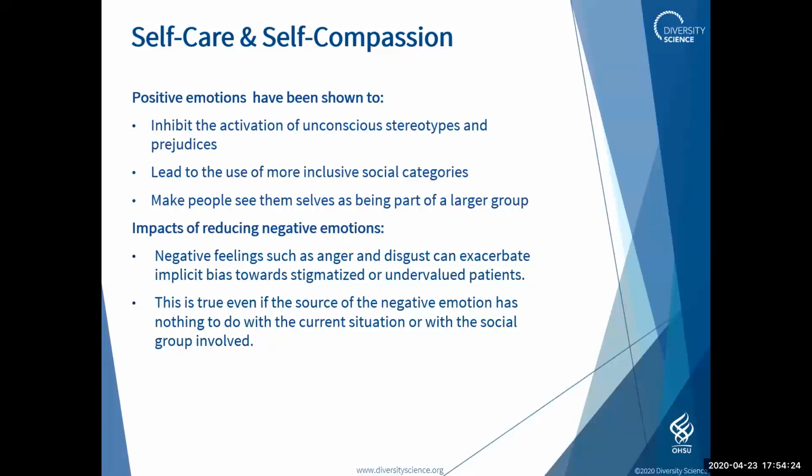And often that system will automatically do that through something called downward social comparison, which is thinking about other people negatively. This is not necessarily a conscious choice, but it is an automatically activated approach. So positive emotions have been shown to inhibit the activation of unconscious stereotypes and prejudices, and they lead to more inclusive social categories. They make us see ourselves as part of a larger group. I'm happy, everybody's in my in-group.